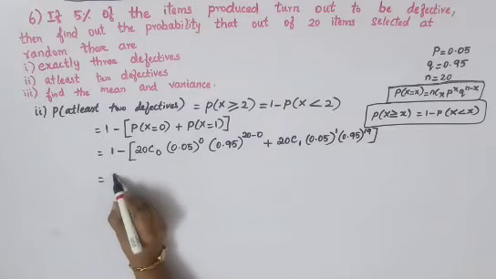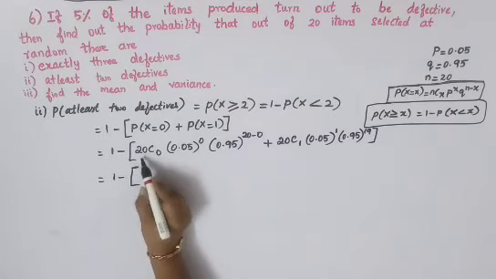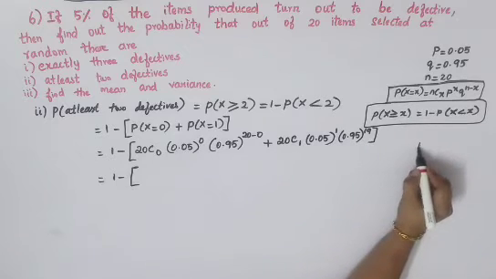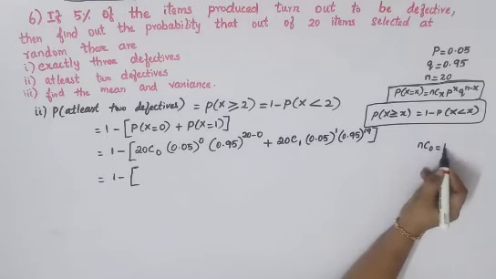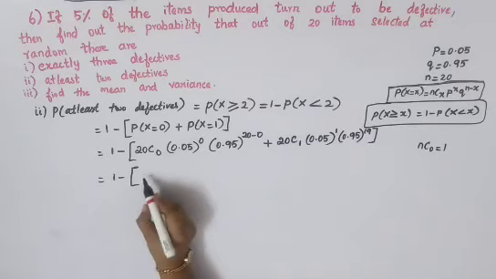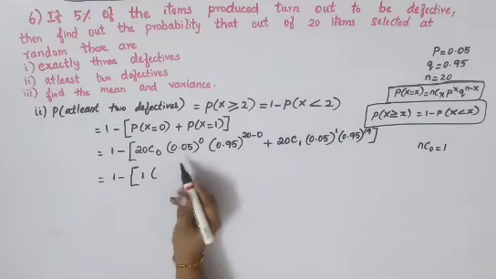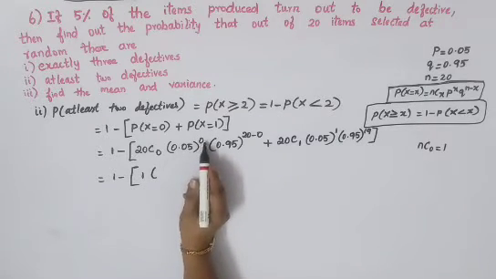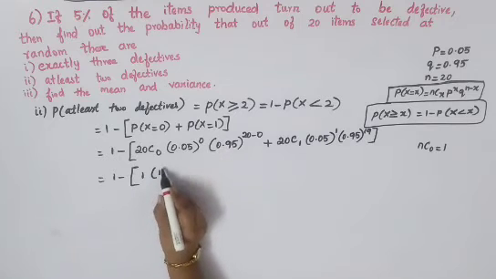So which is equal to 1 minus 20C0. We all know the formula, nC0 is equal to 1. So you will get 1 into 0.05, the whole power 0. Anything to the power 0, again you will get 1.